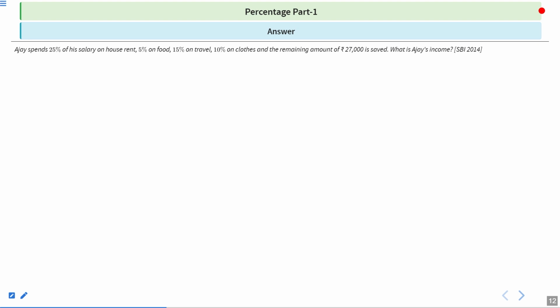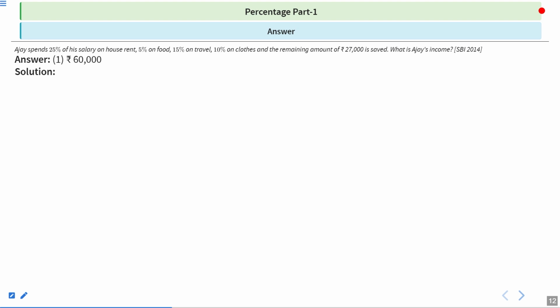So Ajay spent 55% of his total amount, and we know that in percentage form the total salary should be 100%. Now in 100%, Ajay spent 55%. So what will be the remaining amount? The remaining amount should be 45%. And it is given that this amount is equal to 27,000. So we can calculate Ajay's income. The correct answer of this question is 1, which is 60,000.